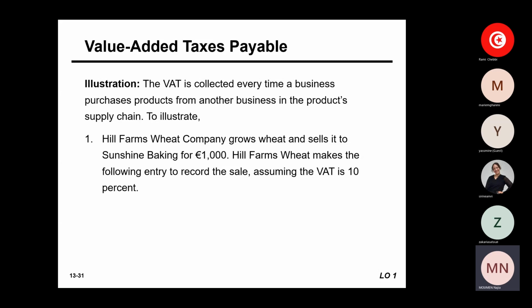Still as a business, I am just acting as an intermediary, a third party. But the amount I remit to the tax authorities won't be everything I collected. It will be the difference between what I collected from customers and what I paid when I purchased, for example, supplies or raw materials. That's the amount that will be remitted to tax authorities.